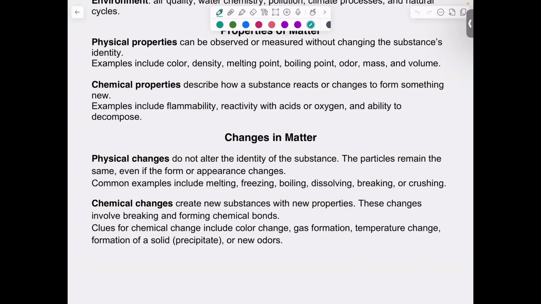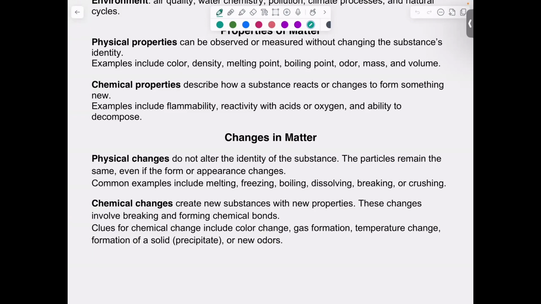So we've gone over physical properties, chemical properties, physical changes and chemical changes. And really, when it comes to chemistry quizzes and exams, you're just asked to identify, given a certain scenario, which change might be physical or chemical, or perhaps which property might be physical or chemical.